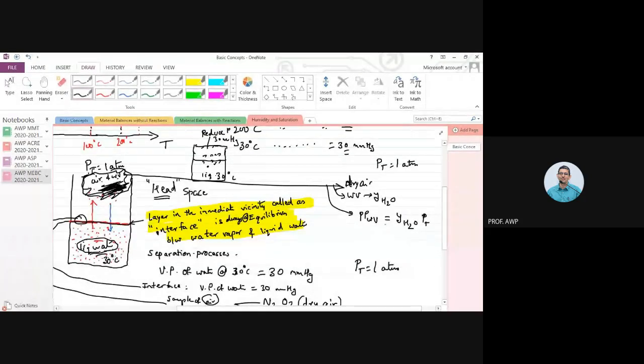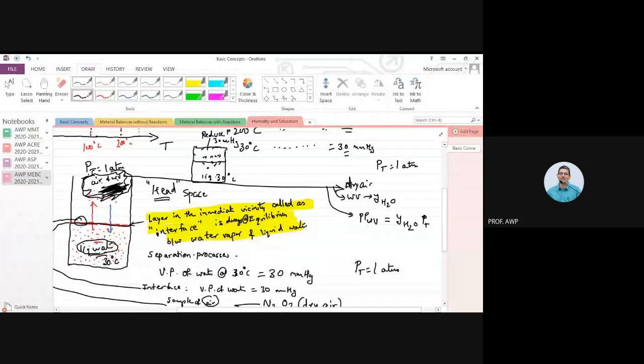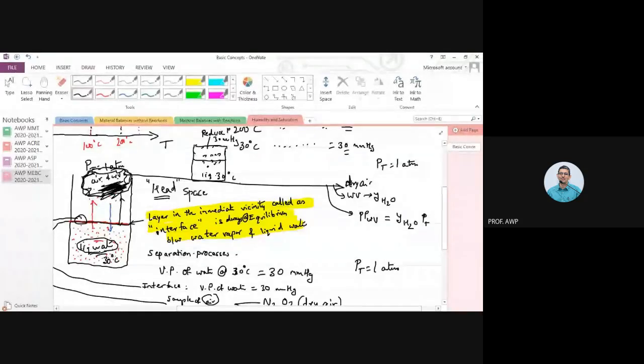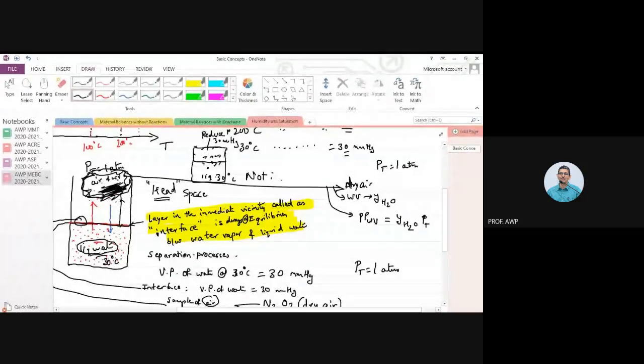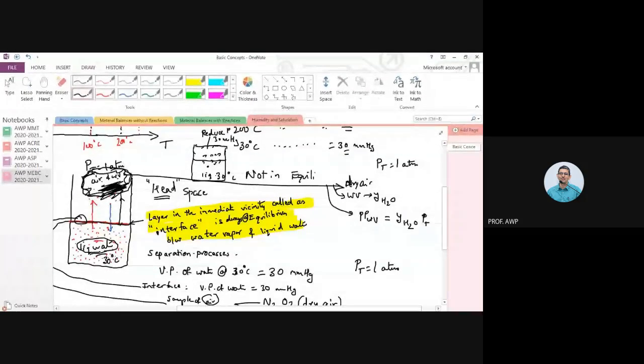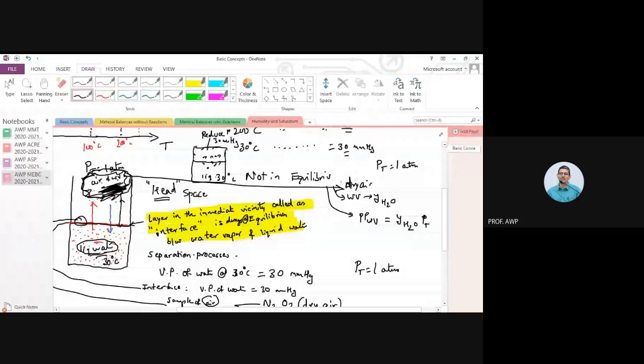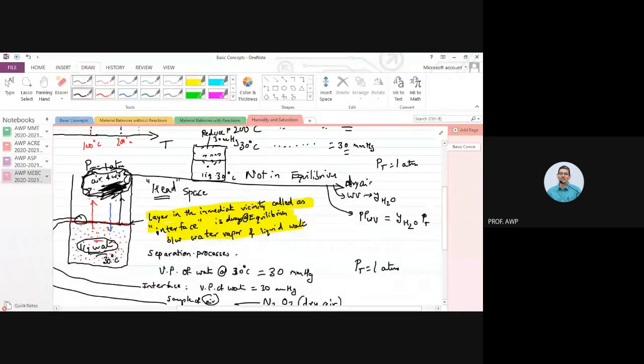Right? But this air is not at equilibrium with this liquid water. This is not in equilibrium because we are not allowed time, or maybe because we are saying it is atmospheric air. So that atmospheric air is not in equilibrium with the water in your bottle, right?